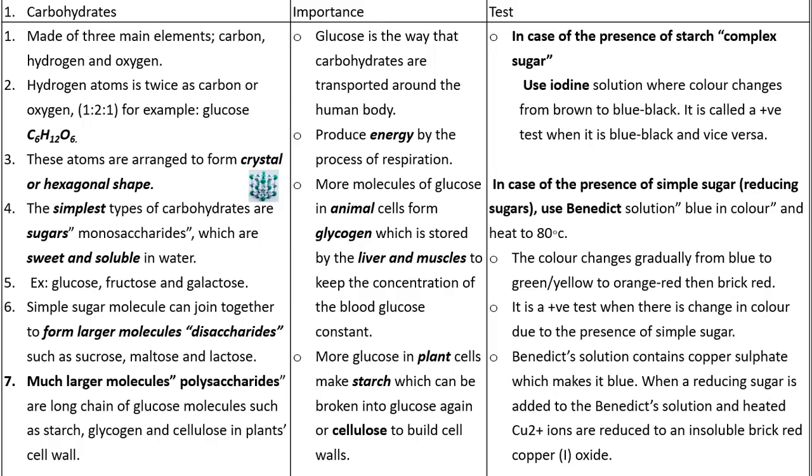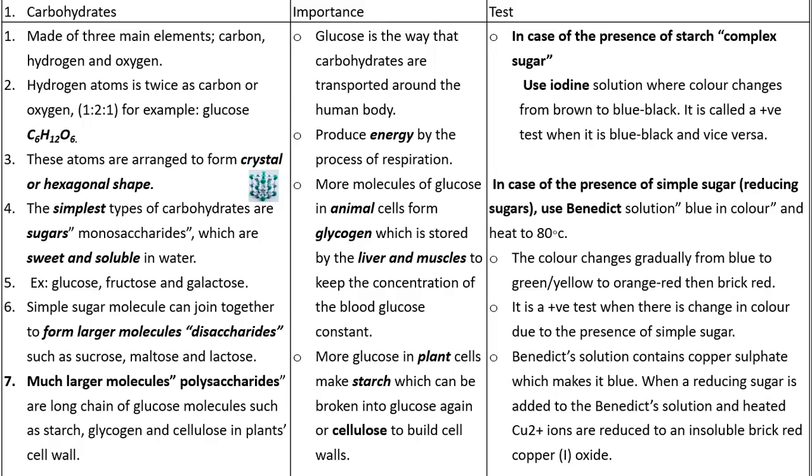And as we established before, di in biology means two in Latin. Sucrose, maltose, and lactose are disaccharides. When you put two monos together, you get a di. So monosaccharide and monosaccharide, you get a disaccharide.